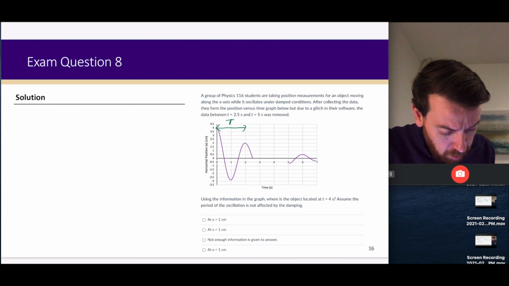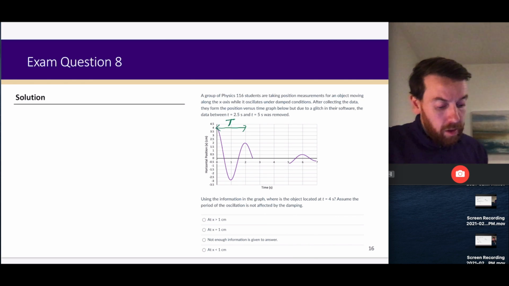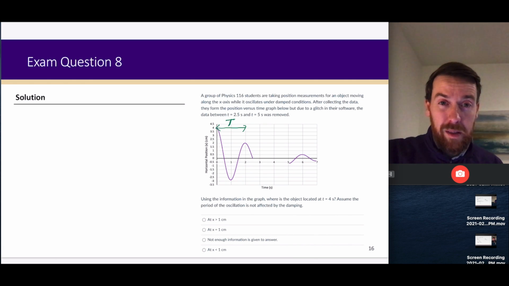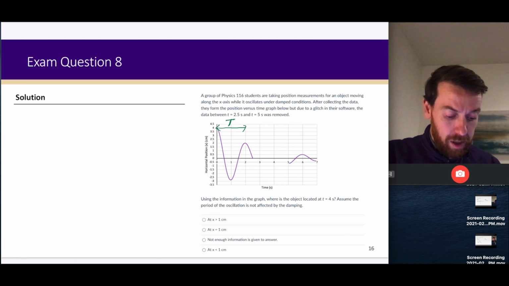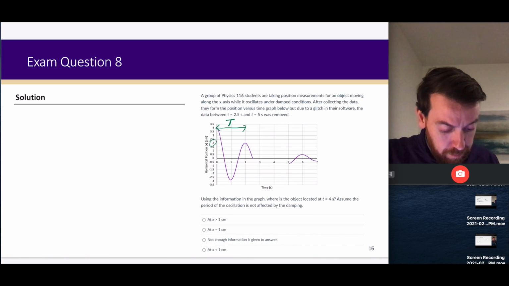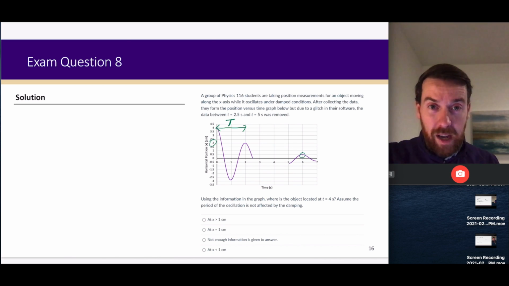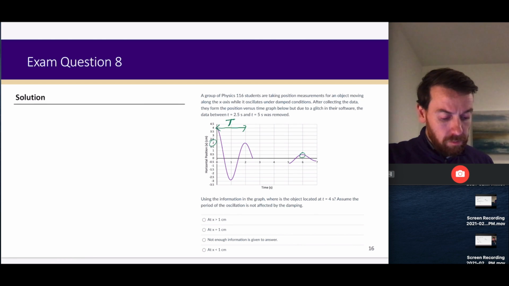So this is uppercase T. I expect there to be another peak at t equals 4 seconds, 2 seconds later, and I expect it to be lower than 2 centimeters on the x-axis and greater than 0.5. So if I want to find exactly where the position is, I can go ahead and solve for that.